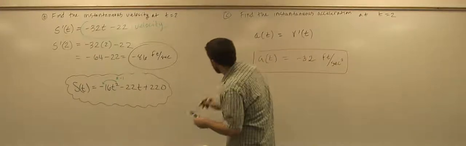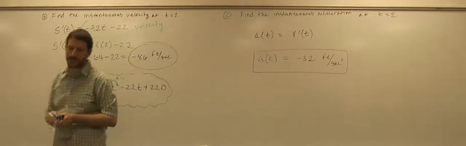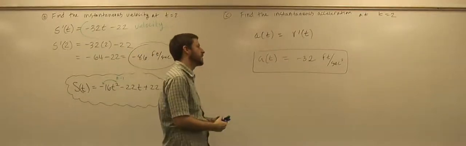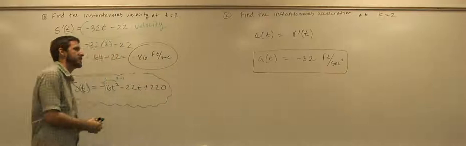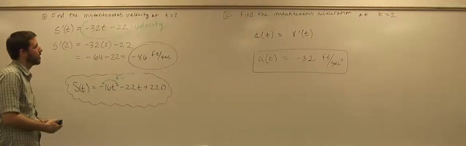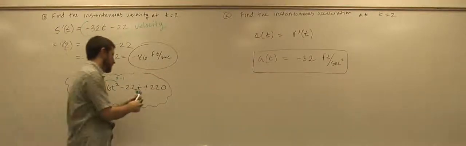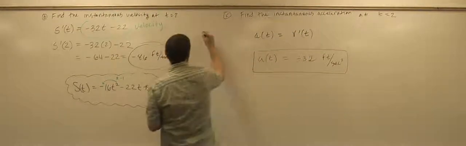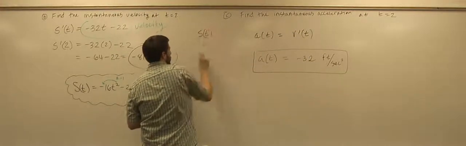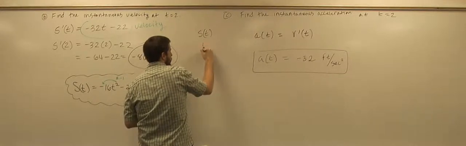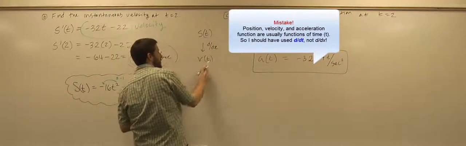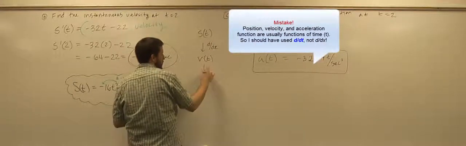The acceleration of this object is negative 32 feet per second squared, always, because the only thing that's making it go any faster is gravity. Gravity is a constant acceleration. So the way it works, if you have a position function and you want to get velocity, you do the derivative. If you have a velocity function and you want to get acceleration, you do the derivative again.